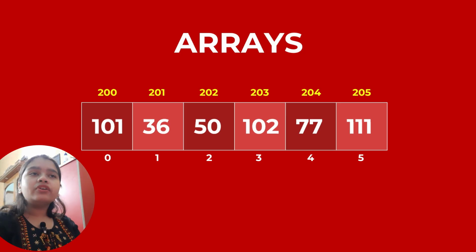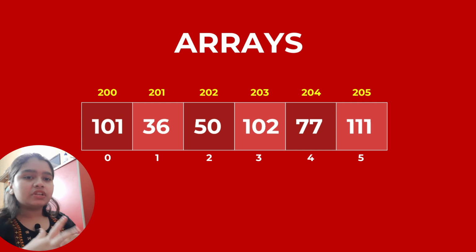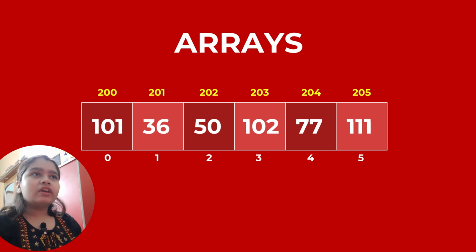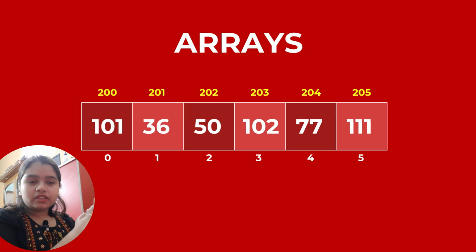So 101 is kept at address 200, and these are random numbers that I've put. Actually if you go to the memory, the addresses are stored in hexadecimal format. Over here, just for explaining, I've shown it as 200, 201, 202. So it is stored in a linear fashion, in a consecutive manner in the memory, like this.